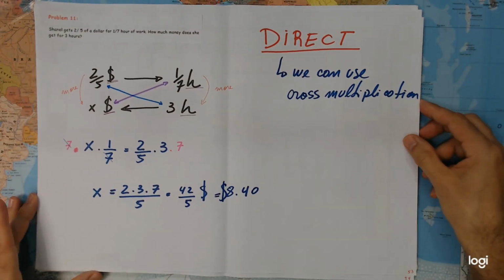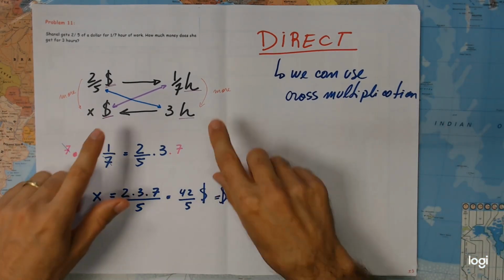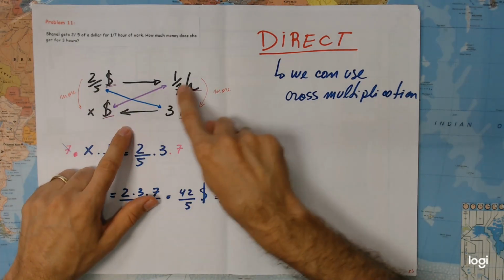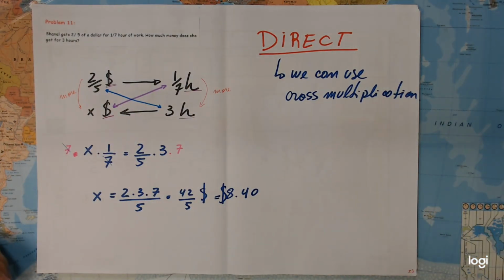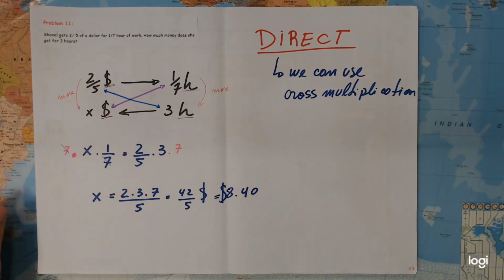Now, in the beginning I told you that we would solve this in two different ways. The first way is going to be cross multiplication. Now, the second way, you're going to solve through ratios. How are we going to solve through ratios?